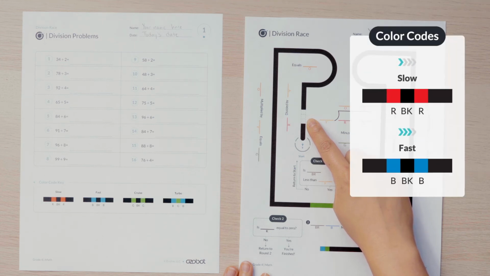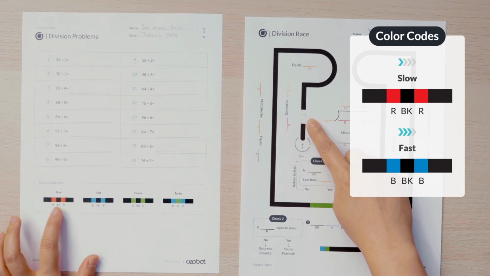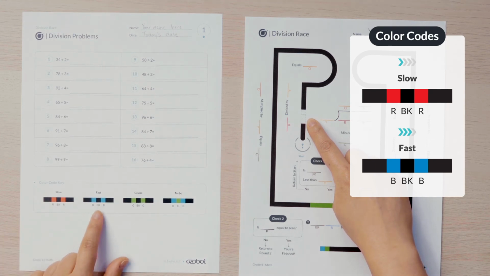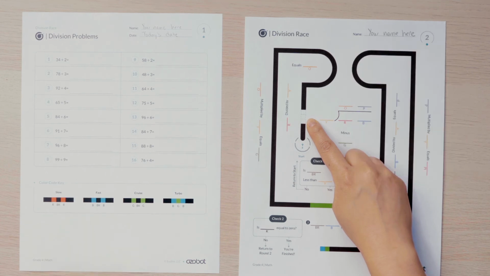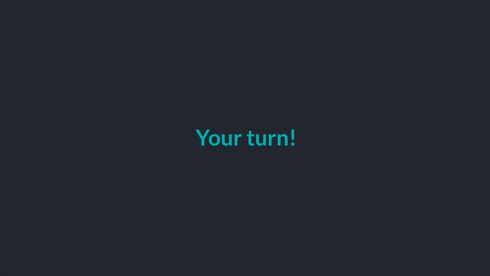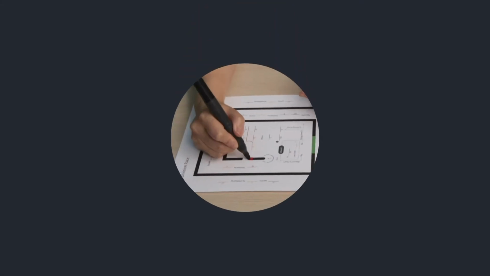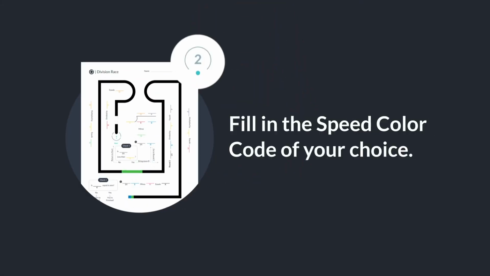If you are still figuring this out, you might want to use a slow code. If you are feeling confident, you might want to use a fast code. Decide what color code you want to put into that space. Fill in the speed color code of your choice.